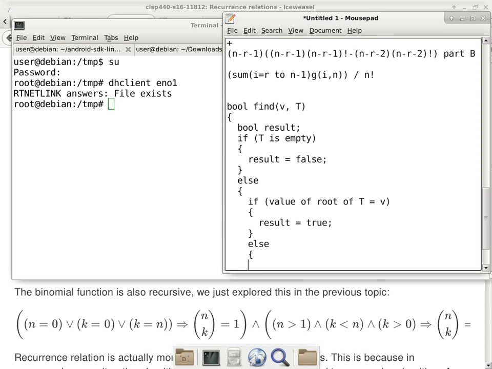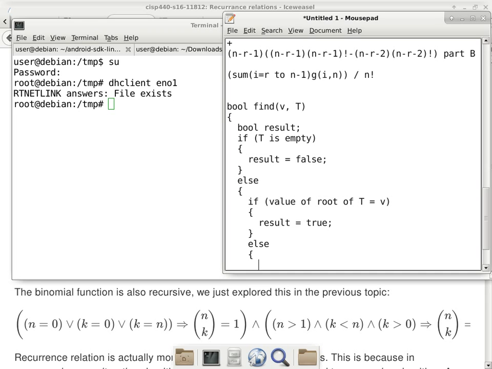Okay. The else is basically saying t is a tree that is not empty. It has a root. The value of the root is not the value that I'm searching for. Well, but every tree has two sides to go. Like 2 here has one side rooting at a -5, the other side is rooting at a 10. So I have to direct it to one way or the other. Okay?